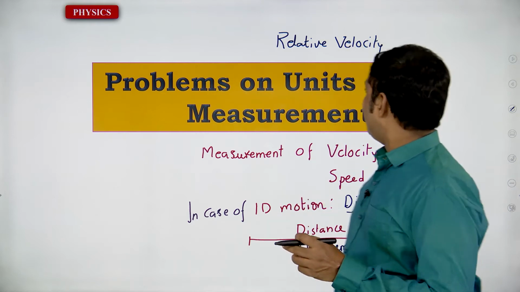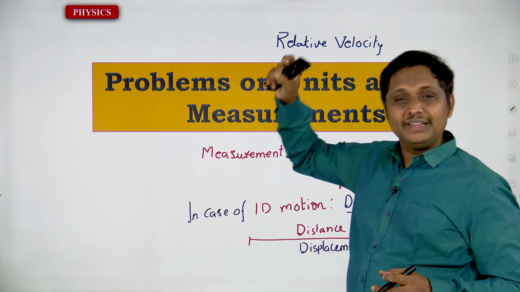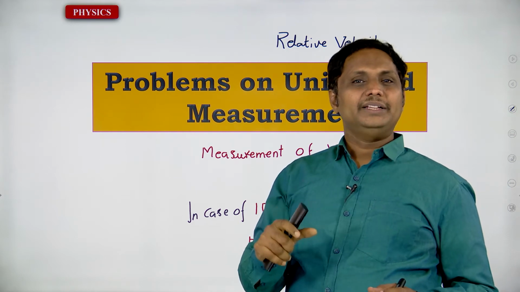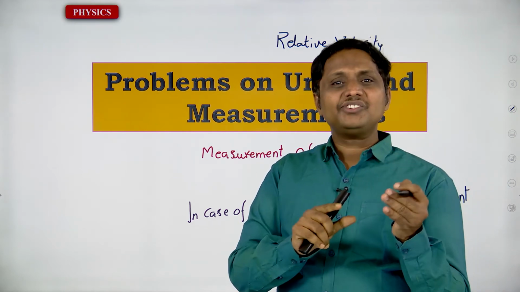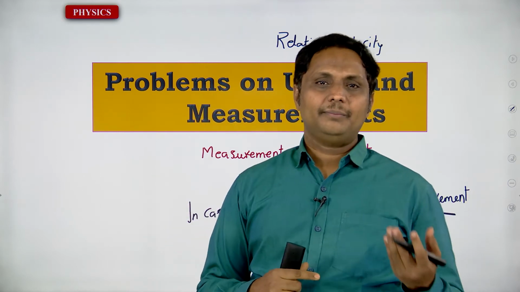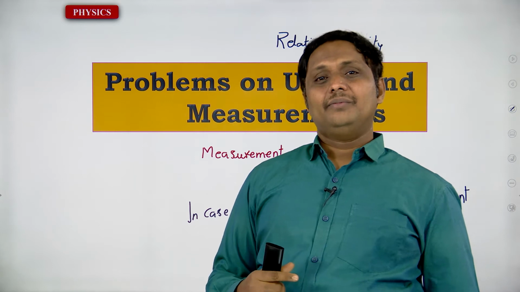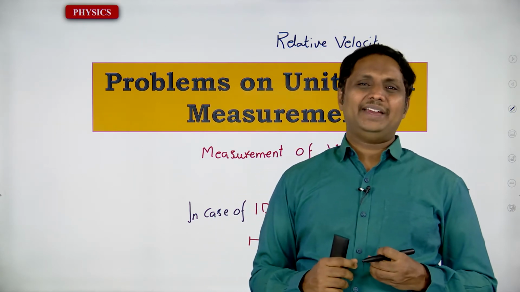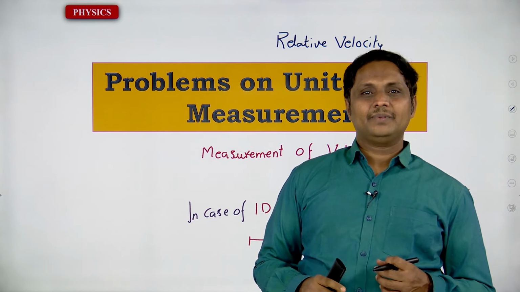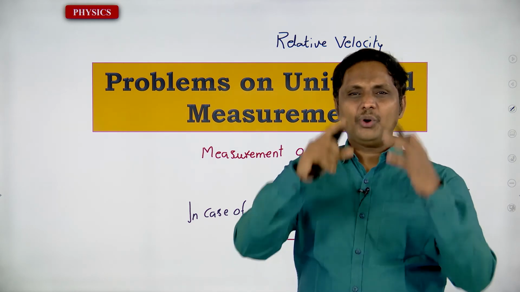So, you have to confirm that the relative velocity is the velocity obtained by comparison with another velocity, and you just have to take the same kind of physical quantity.